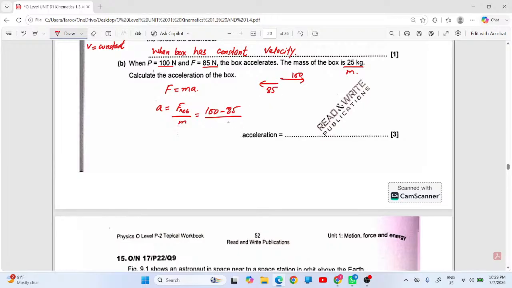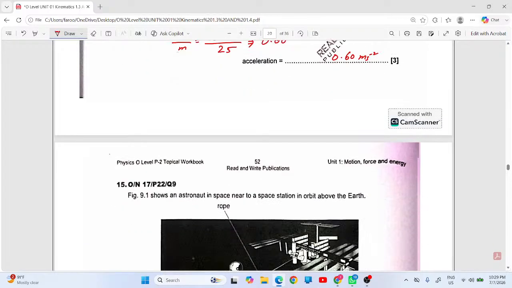Check karo. 100 minus 85, 0.6. 0.60 meter per second square.